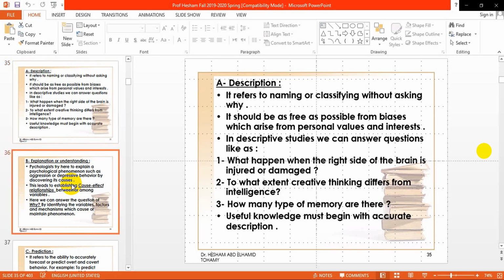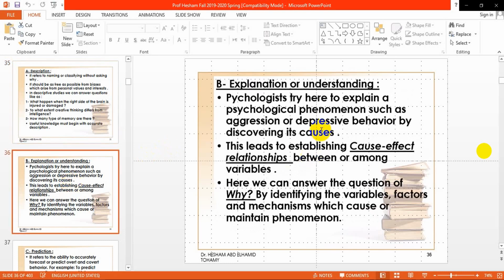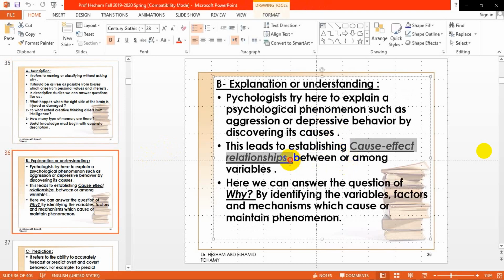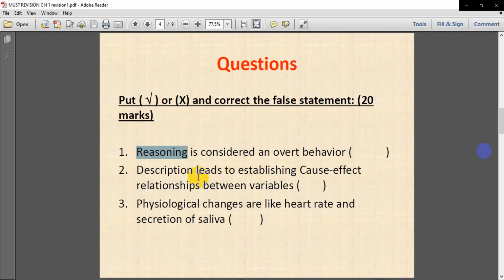But in explanation or understanding, we can discover cause-effect relationships. So our answer, description leads to establishing cause-effect relationships between variables, is false. And we have to change the word description to the word explanation or understanding.